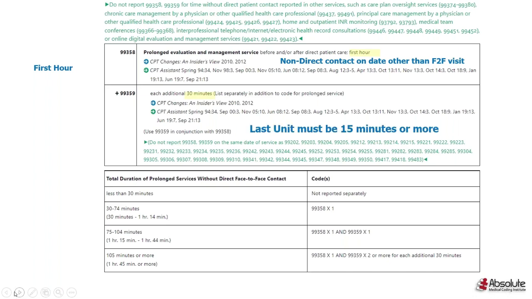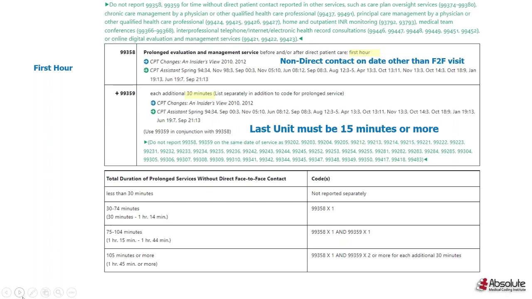However, that last unit must be 15 minutes or more. So if the last unit isn't quite 30 minutes, it must be 15 minutes or more to use 99359. And below, you've got a nice chart.